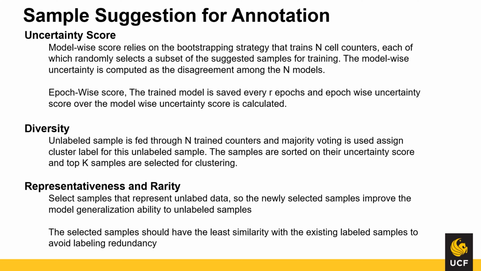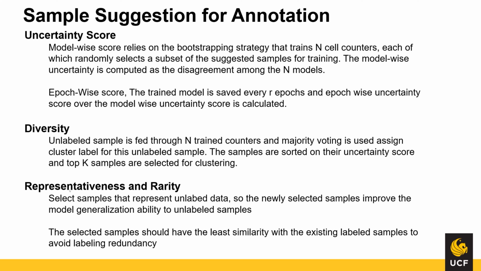And then they also look at the diversity of the samples that they selected by clustering. The majority voting is used to assign cluster labels for the unlabeled samples. And the samples are sorted on their uncertainty score, and the top K samples are selected for clustering. And from these clustered samples, they pick the most representativeness and rarity.